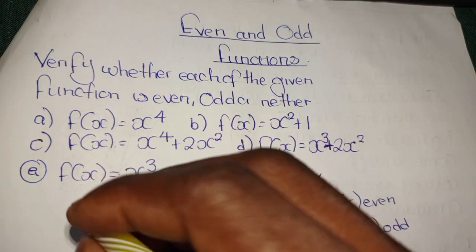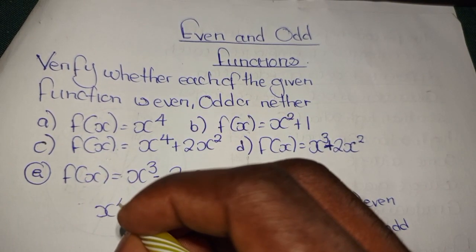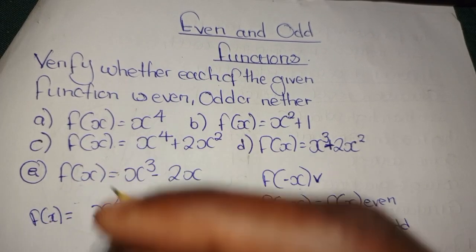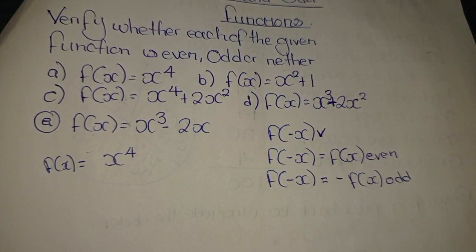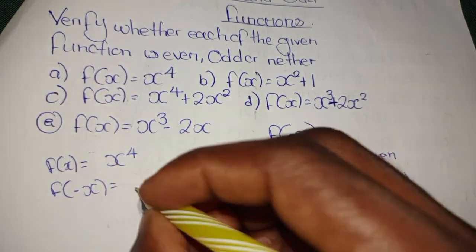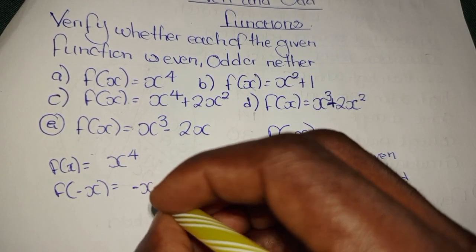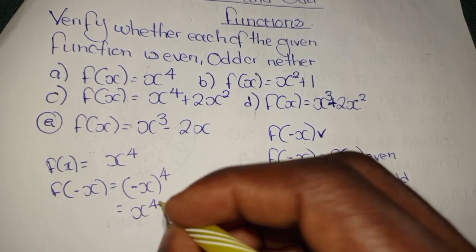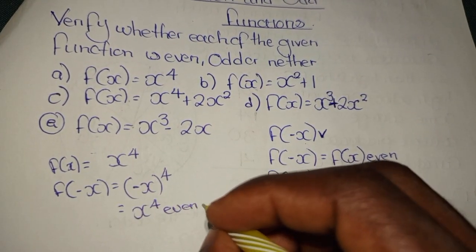So the first function we have been given is x to the power 4, where you know the fact that if you replace negative x into x to the power 4, you still get the same result. So this function is even.